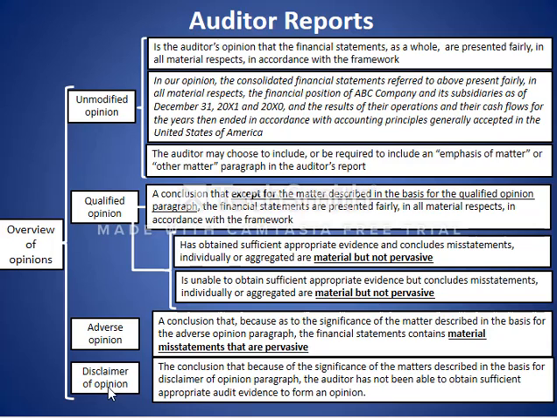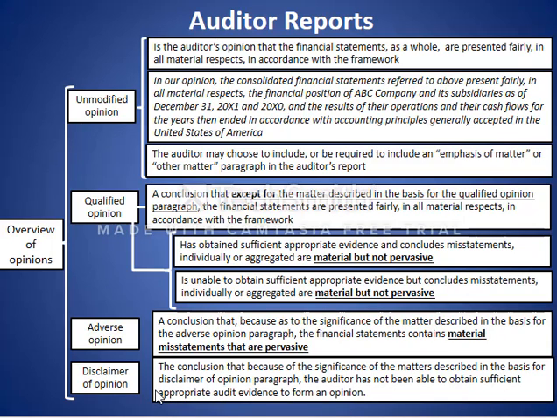The auditor can also issue what we call a disclaimer of opinion, and that is the conclusion that because of the significance of the matters described in the basis for the disclaimer of opinion, the auditor has not been able to obtain sufficient appropriate audit evidence to form an opinion. In other words, the auditor will write a reason as to why they're disclaiming the opinion.